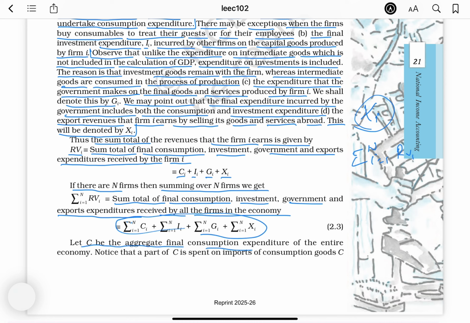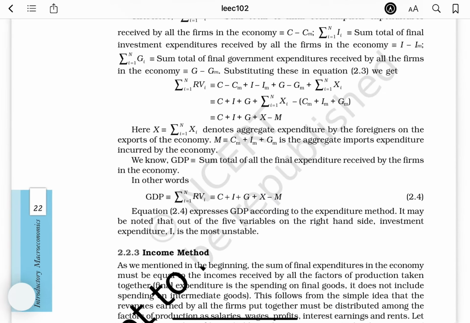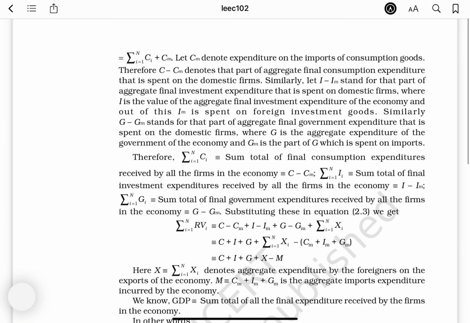Let C be the aggregate final consumption expenditure of the entire economy. Notice that a part of C is spent on imports of consumption goods. C equals sigma i equals 1 to n of Ci plus Cm. Let Cm denote expenditure on the imports of consumption goods.